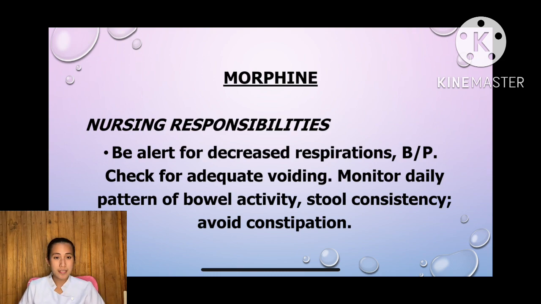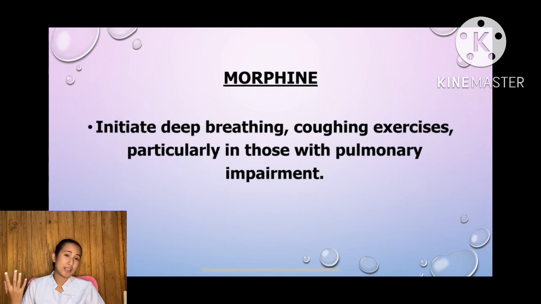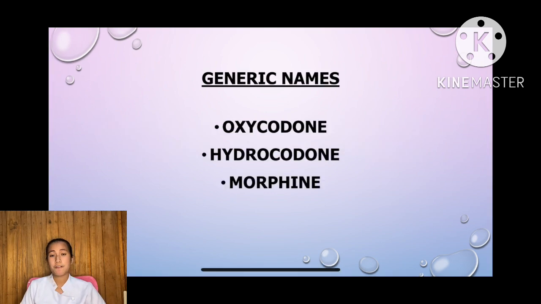Again, the last nursing responsibility is that we should initiate deep breathing and coughing exercises, particularly in those with pulmonary impairment. As we all know, the three of them, oxycodone, hydrocodone, and morphine, have almost the same contraindications, side effects, and nursing responsibilities.